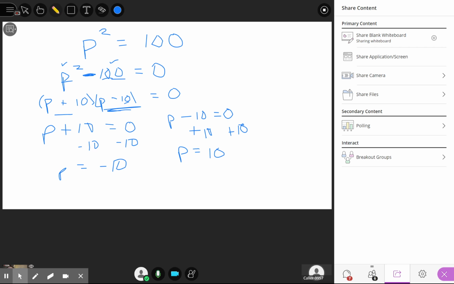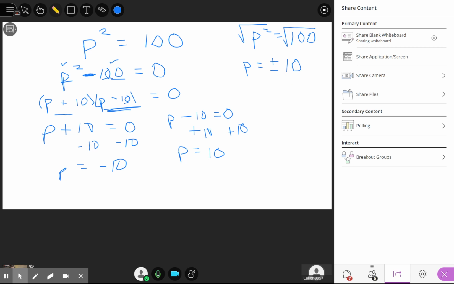But now I'm going to show you the quicker way that you could have solved this. You could have done it in your head and said what times what is 100? Well, either 10 times 10 works or negative 10 times negative 10. But if we take the square root of both sides here, we end up with p is equal to plus or minus 10.